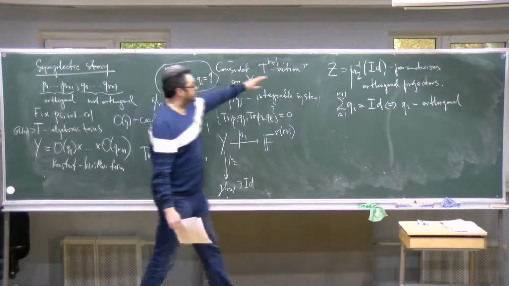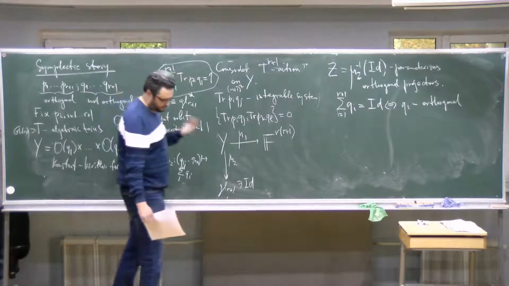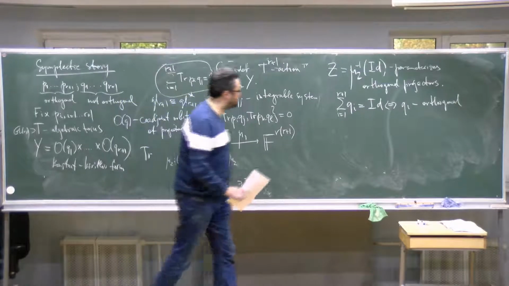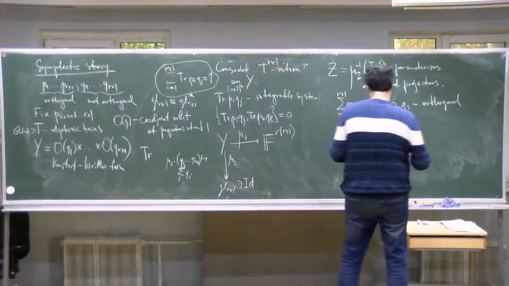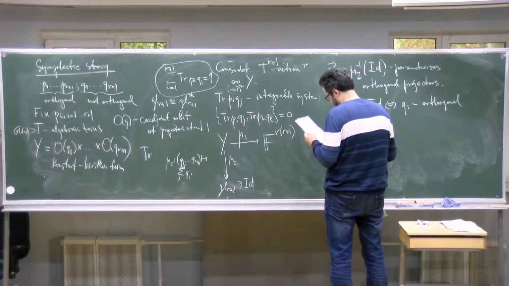So in this case, Z is a moduli of orthogonal projectors. So we would like to consider the following subspace.